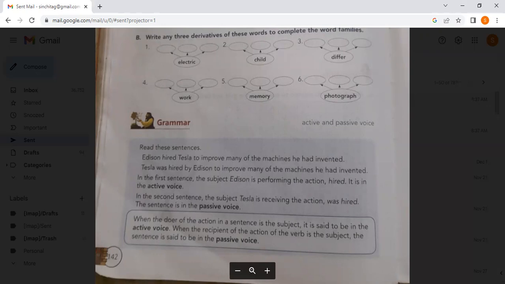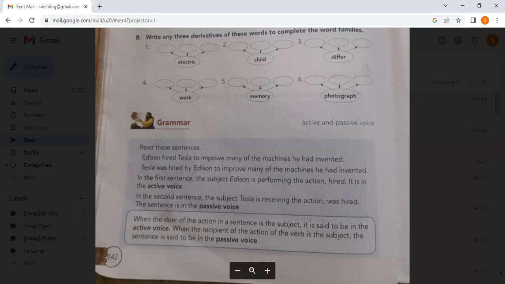Tesla was hired by Edison to improve many of the machines he had invented. In the first sentence, the subject Edison is performing the action hired. It is in the active voice. In the second sentence, the subject Tesla is receiving the action was hired.